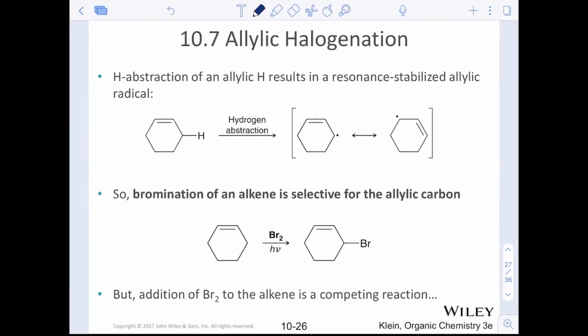Now, that hydrogen abstraction at the allylic carbon, we said it has resonance stability. So let's just review that resonance structure over on the right-hand side. Remember, one arrow at a time. The radical will go and share with another electron from the pi bond.